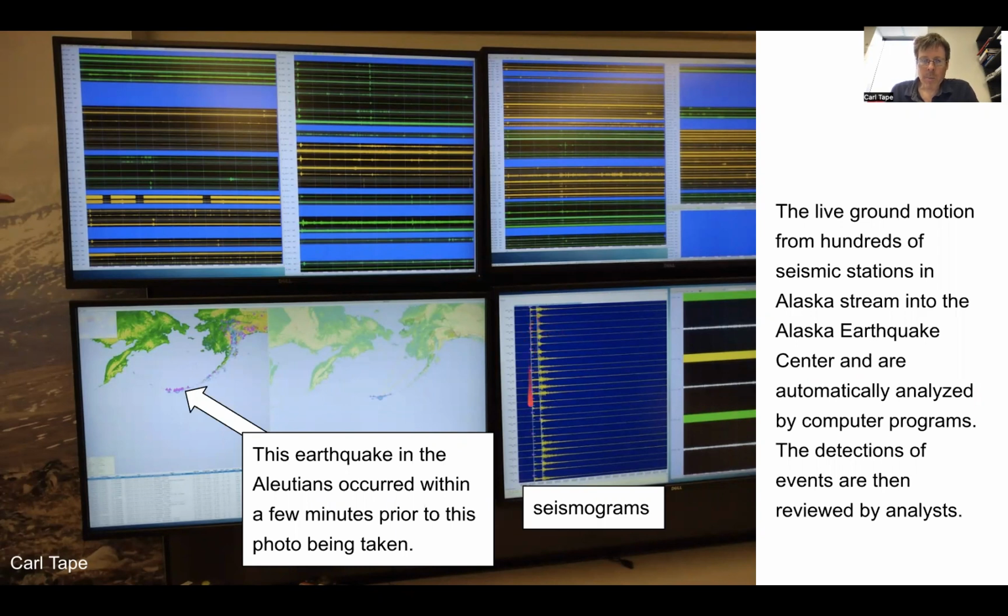You can almost see here the P wave and S wave, or potentially a couple different earthquakes coming in here. And so this latest earthquake would have occurred tens of seconds to a couple minutes earlier than when this photo was taken. It shows the event here and stations in Alaska that are recording that event.